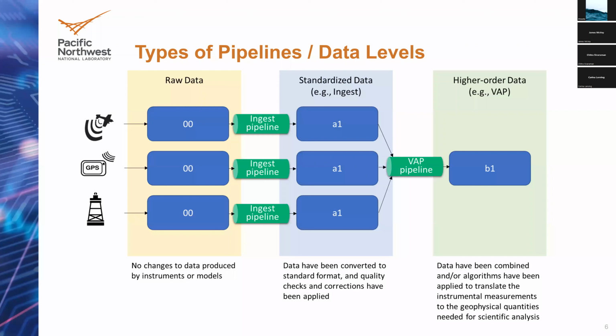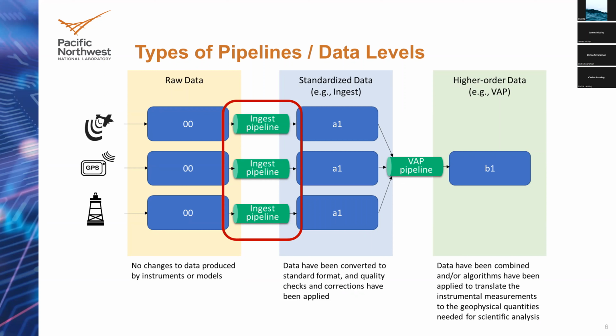The completed Tsdat framework as of now is the ingest pipeline. That's what's in the red box here, and that bridges the first gap between raw data coming off an instrument or data acquisition system to standardized, quality controlled data. Future Tsdat development will focus on the VAP pipeline, VAP standing for value added product, to take this standardized data and apply additional algorithms.